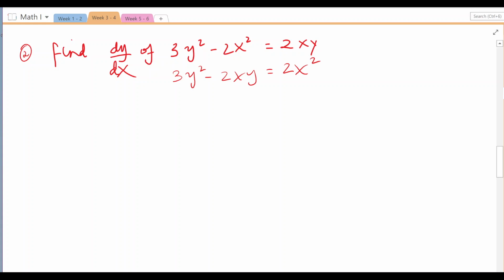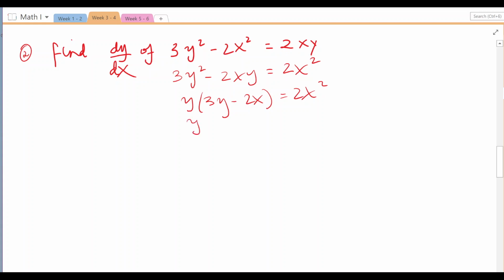Move the 2 here to the right hand side, and then if you want to take the y out, let's say, so we have 3y minus 2x equals 2x square.